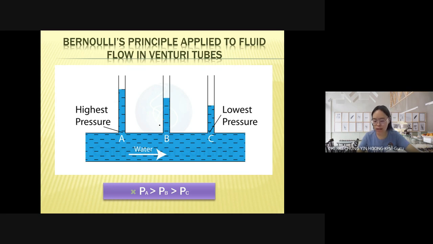So what is the observation you can get? What do you think the paper will do? Will it stay in place, be blown downwards a bit, or fly upwards? Will it rise upwards or be blown downwards? Come, I want someone to answer. Bernice, rise upwards or blow downwards? The second activity.